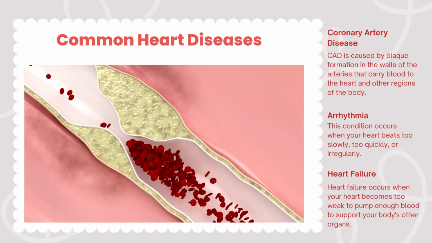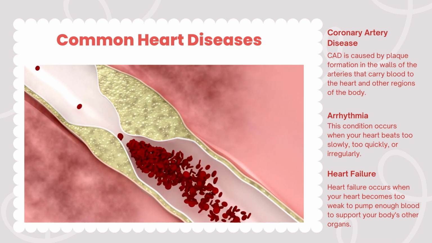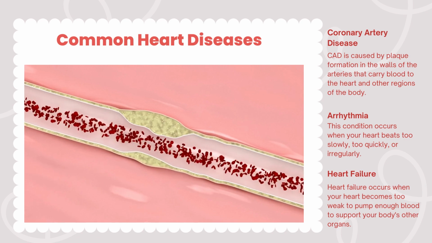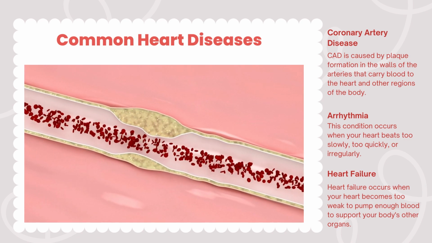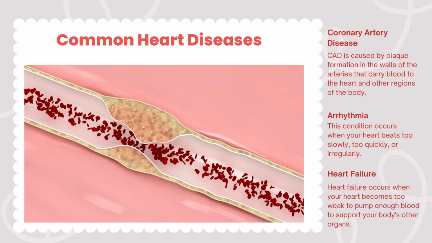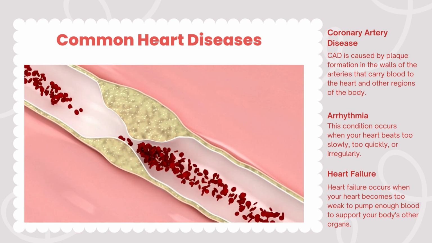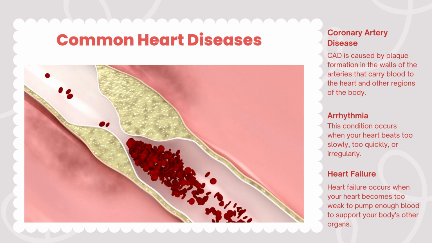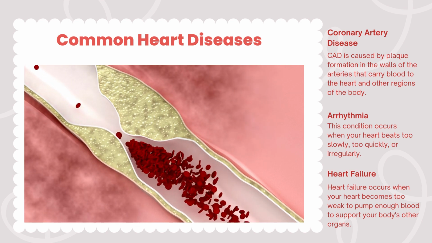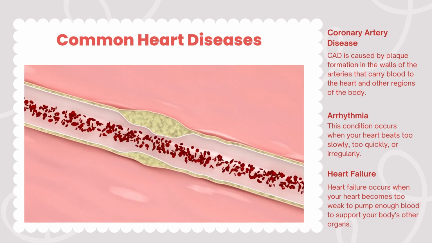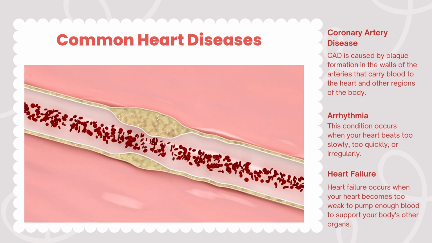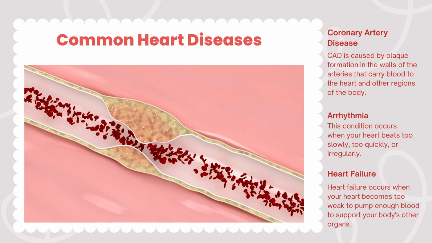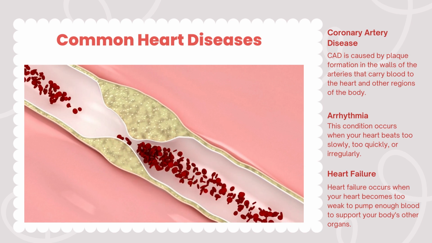And those things are not necessarily dangerous. However, when they start occurring too many times in a row, or it becomes very prolonged and it starts affecting other parts of your hemodynamics, like your blood pressure, that can cause someone to faint or have other symptoms. So at that point, that becomes dangerous.